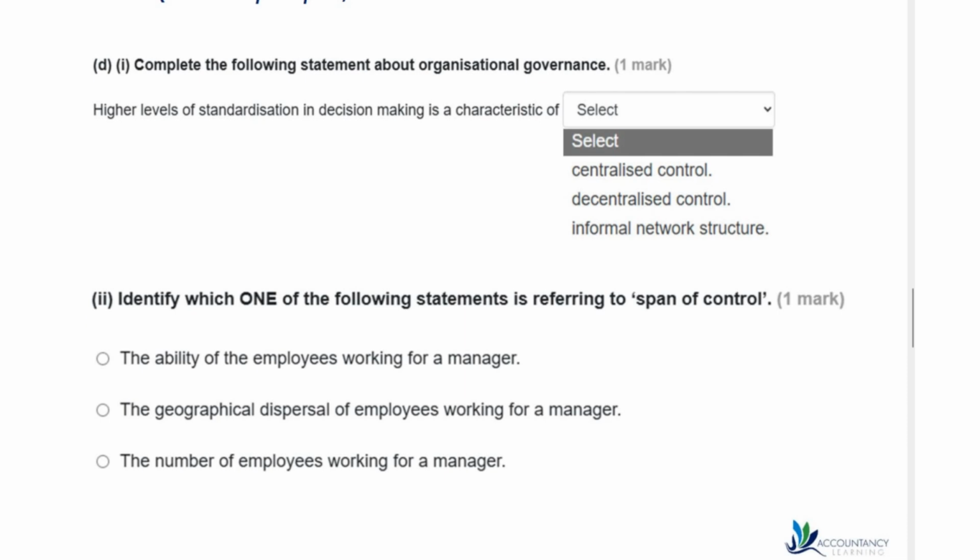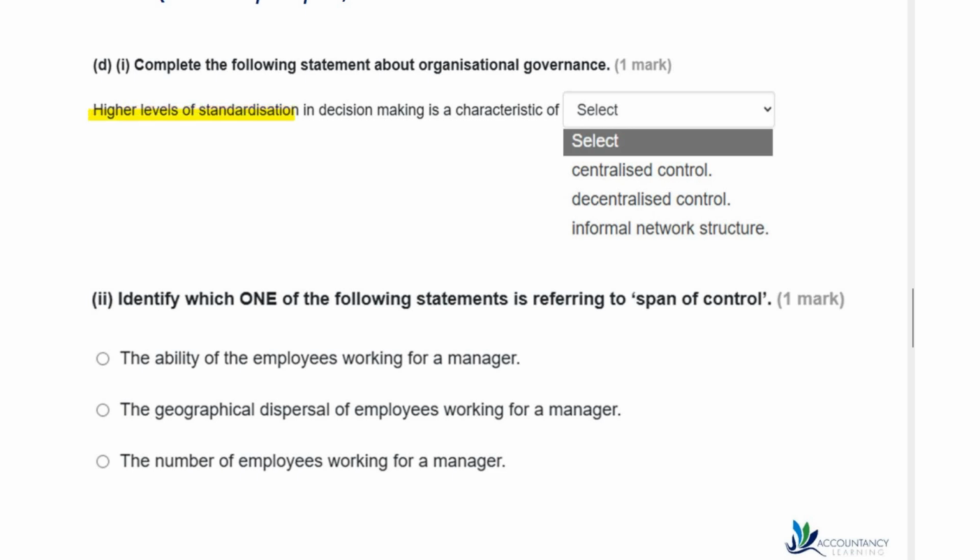Part D then. Complete the following statement about organisational governance. Higher levels of standardisation in decision making is a characteristic of, and we need to choose from centralised control, decentralised control and informal network structure. So the key here is that we're told higher levels of standardisation.